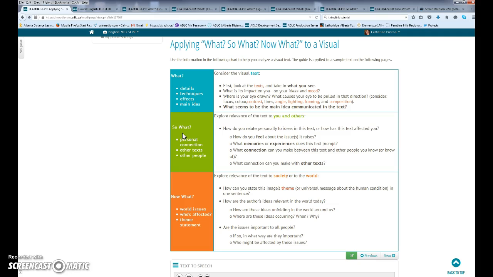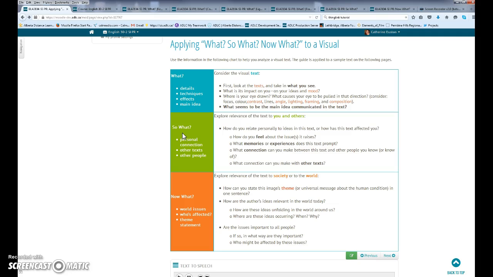The final section is the now what section, and this is figuring out how the image relates to the general viewer or to society as a whole. So is there anything in the image that relates to common societal issues, things that are happening in the world today, anything that would relate to a lot of people, that would sort of fall in this section.